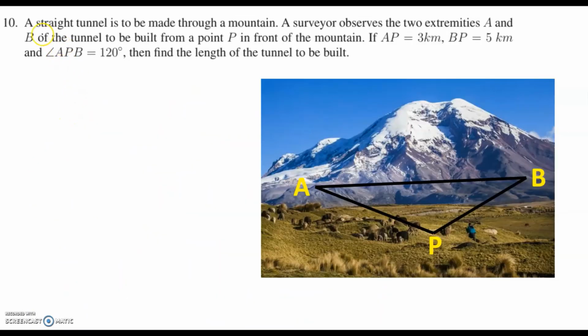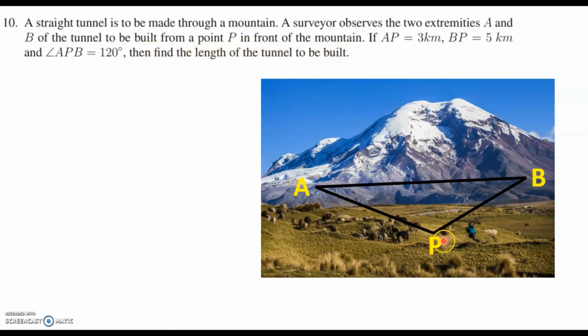Question number 10. A straight tunnel is to be made through a mountain. A surveyor observes the two extremities A and B of the tunnel to be built from a point P in front of the mountain.